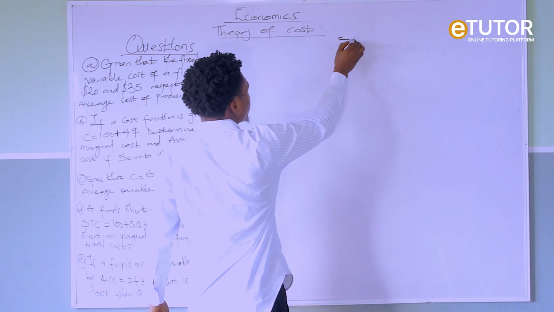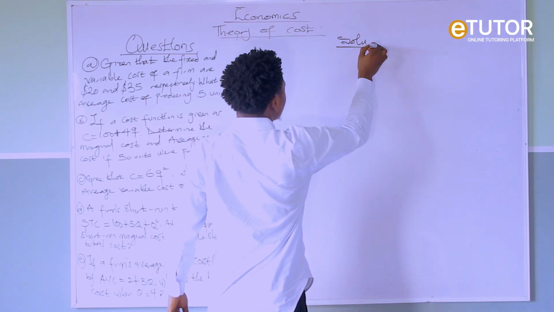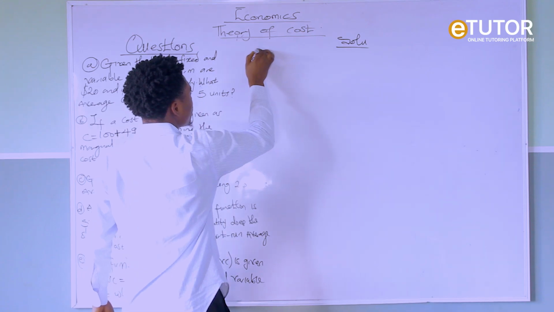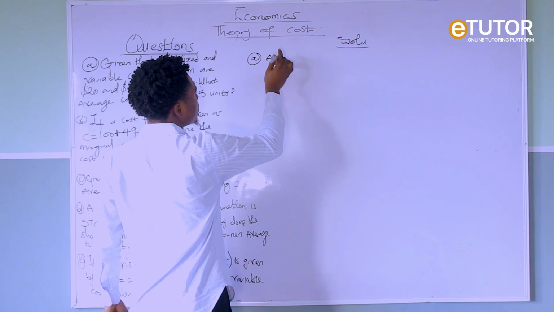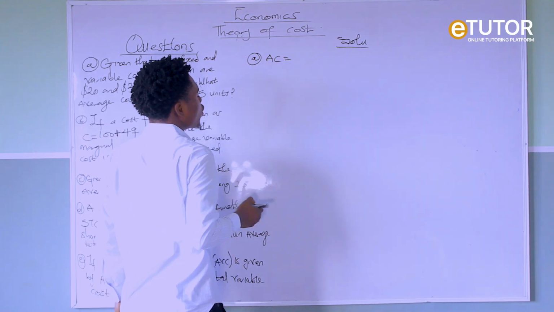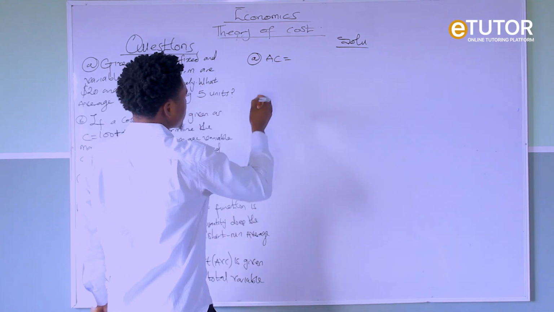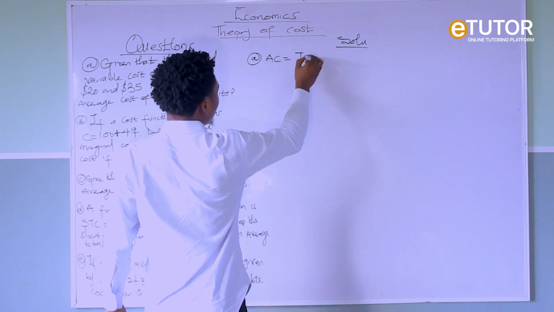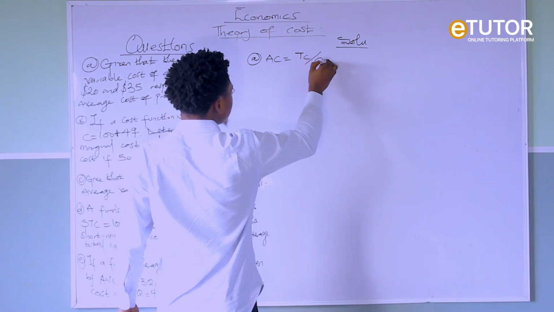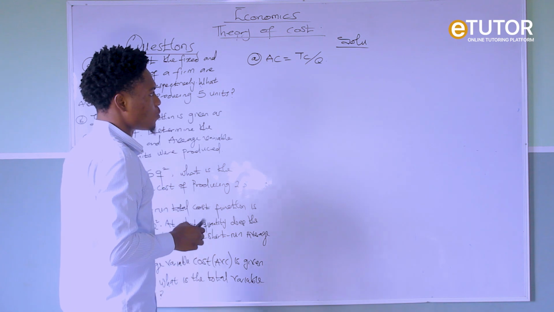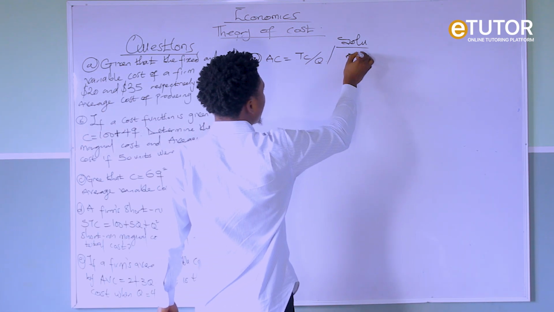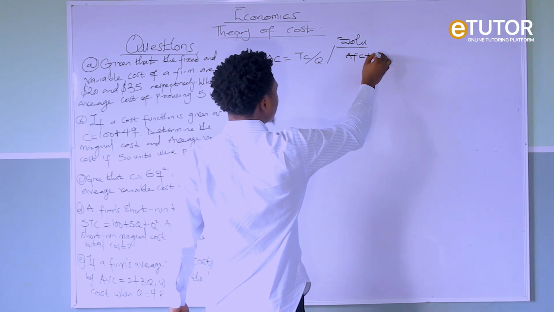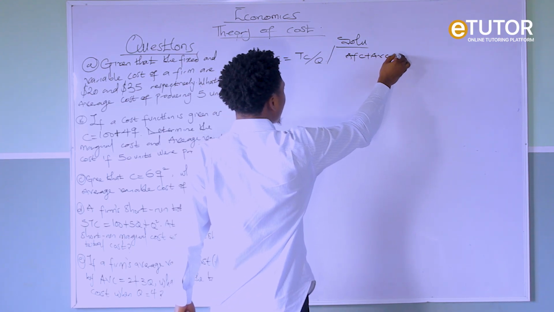So for the solution to the first question, we want to get the average cost of producing 5 units. What's our average cost? Our average cost is our total cost over our quantity, our output. And we can also say our average cost equals our average fixed cost plus our average variable cost.